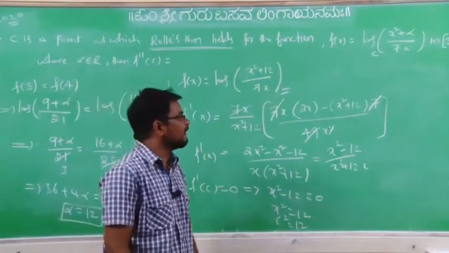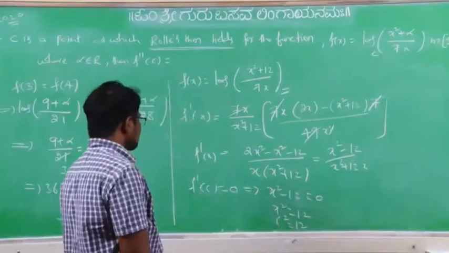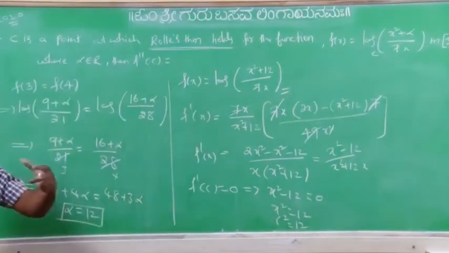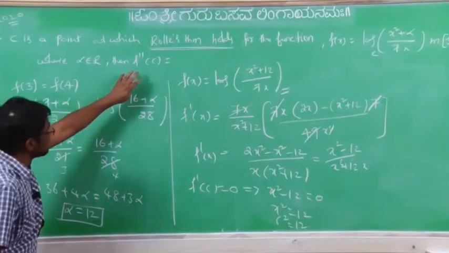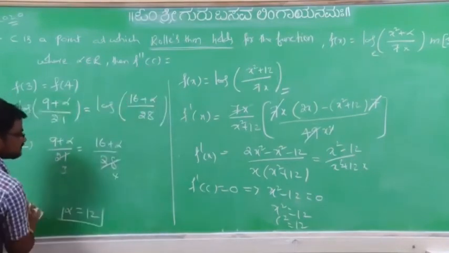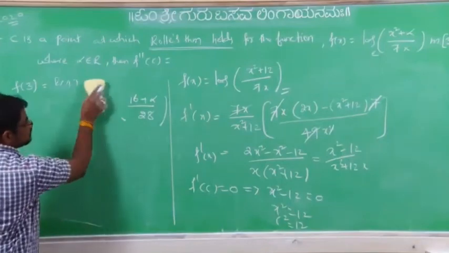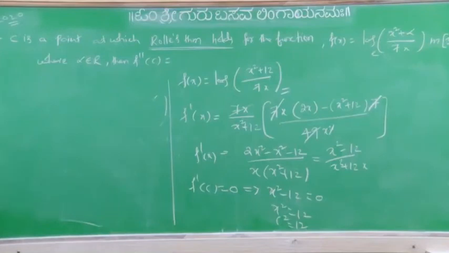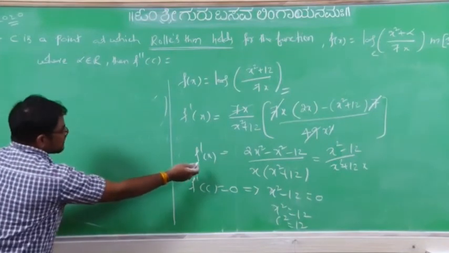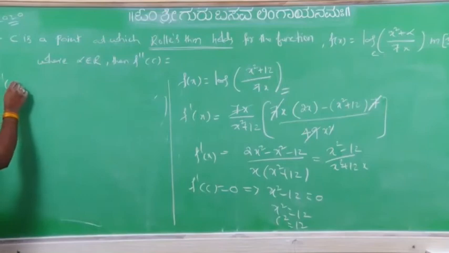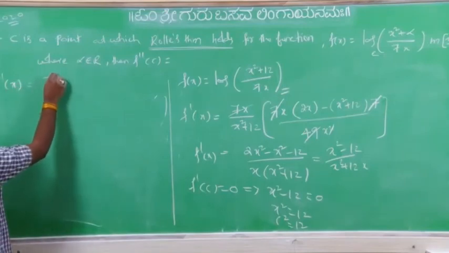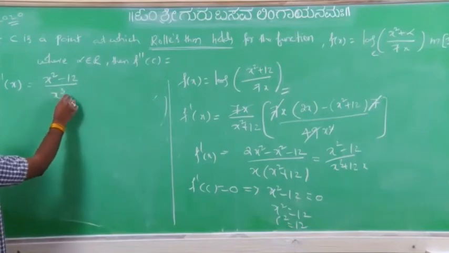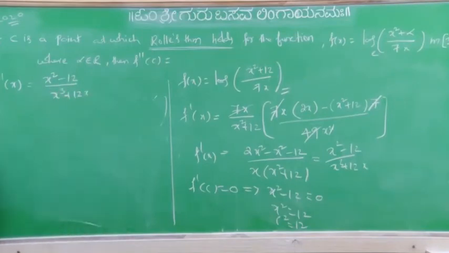Understood? And now where we have to substitute this value? In the second time differentiation, because f double dash of c is asked. Now second time differentiation: f dash of x equals x square minus 12 by x cube plus 12x.